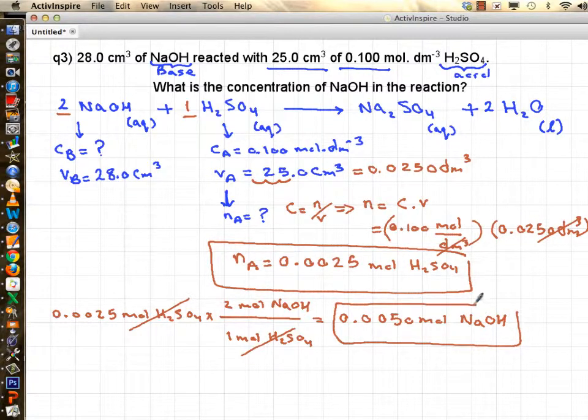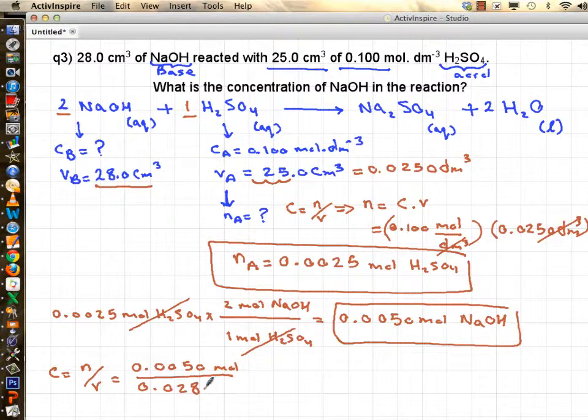So we are almost there. I have the moles. I also have the volume. Simply, concentration is moles over volume. So it's 0.0050 moles divided by, take it 3 decimal places to the left, 0.0280 decimeter cube, and this division yields 0.179 mole per decimeter cube of NaOH.